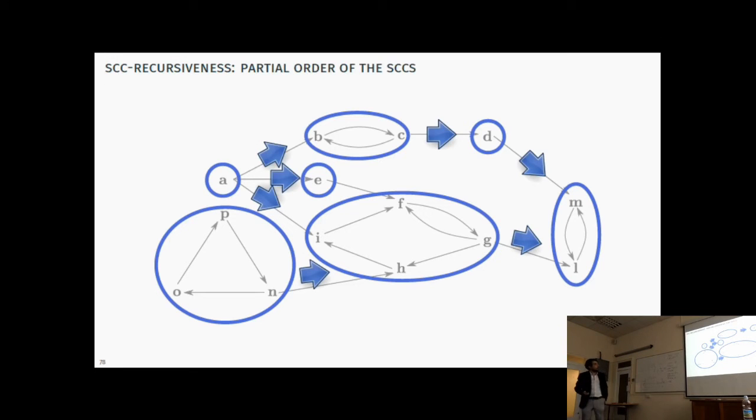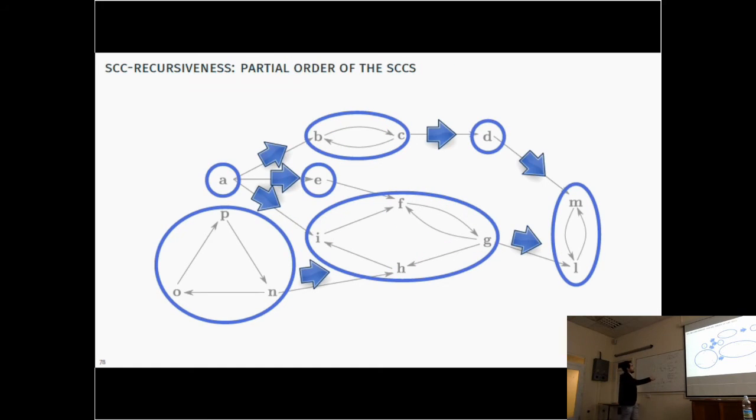So this is what we did. We identified those SCCs, and we ordered them. At this point, we know that SCCs can be easily ordered, because if you just collapse an SCC as a node, then you have a directed graph. And we start computing preferred extensions here, and then for each preferred extension we compute, we can propagate further, right? So if this one is an attacker, therefore it is always in.